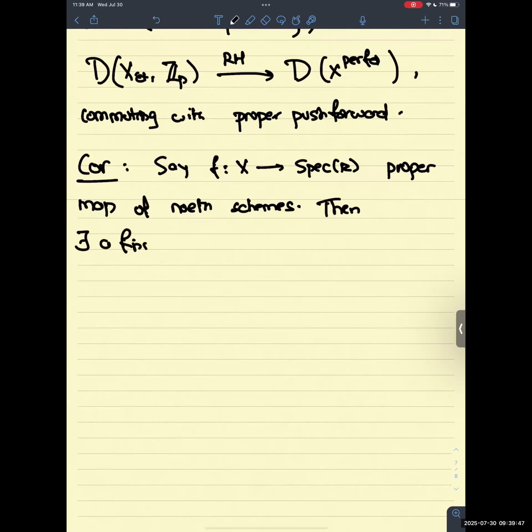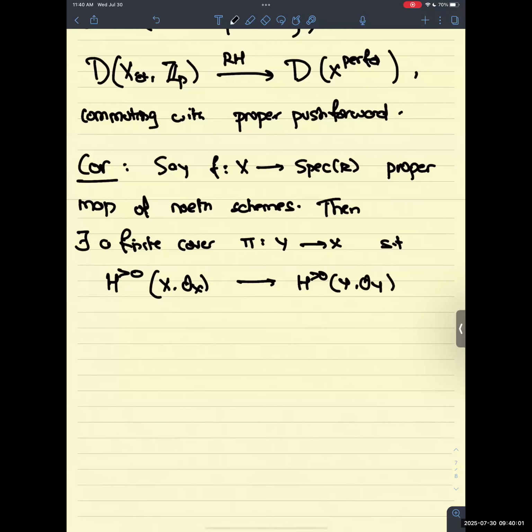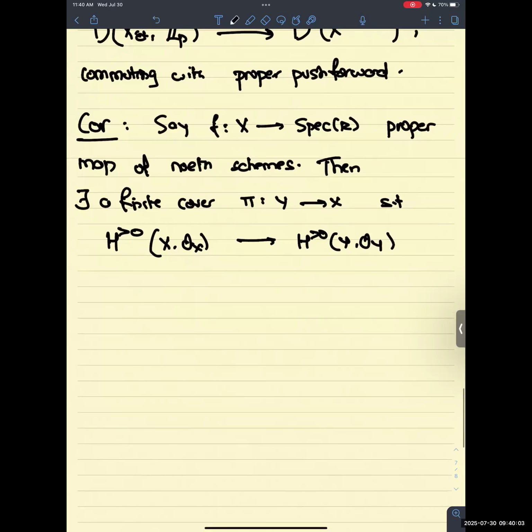there exists a finite cover pi from Y to X, such that if you look at the pullback on cohomology in positive degrees, this map is zero, is divisible by p.